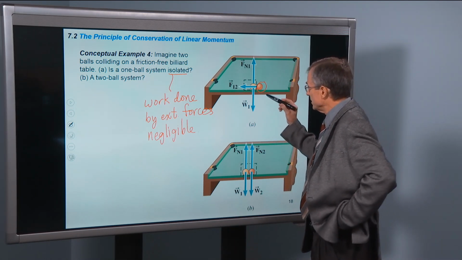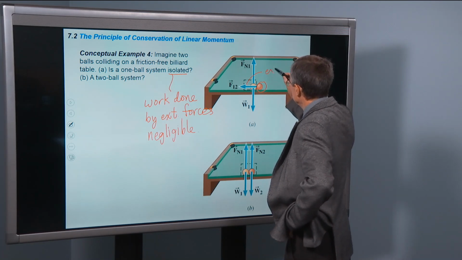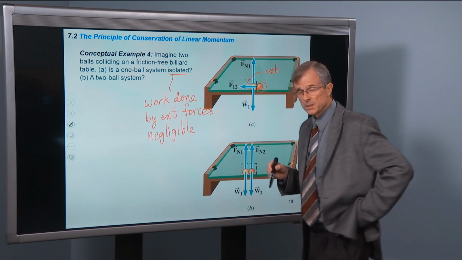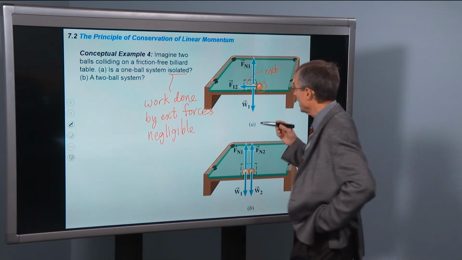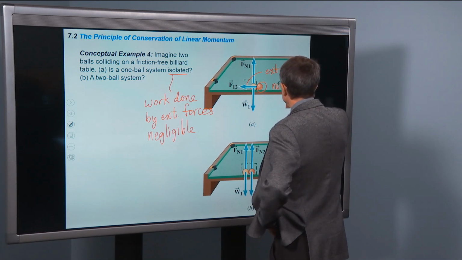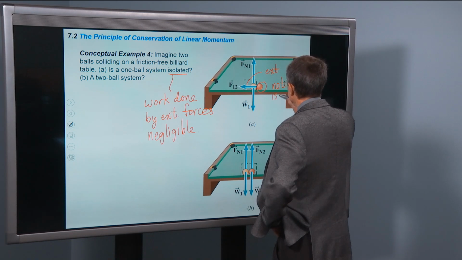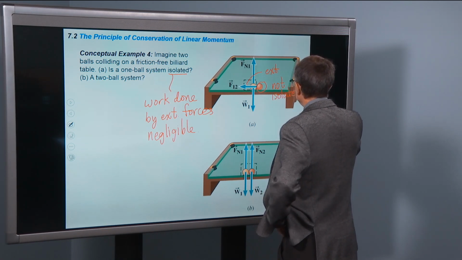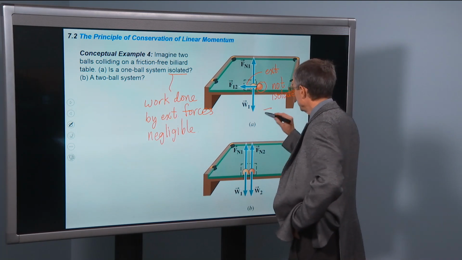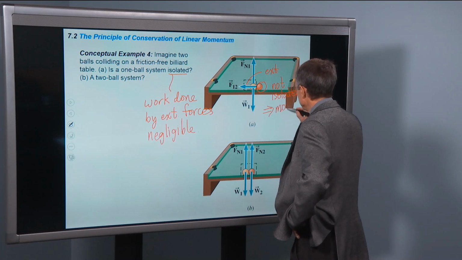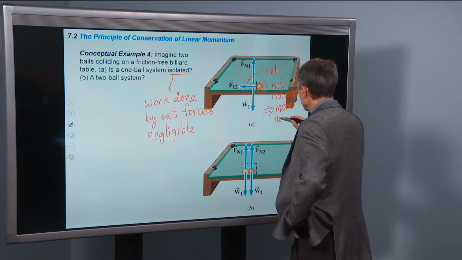So this is an external force. That force is going to be very strong compared to any other forces, and this is not going to be an isolated system. If it's not isolated, then momentum is not conserved.